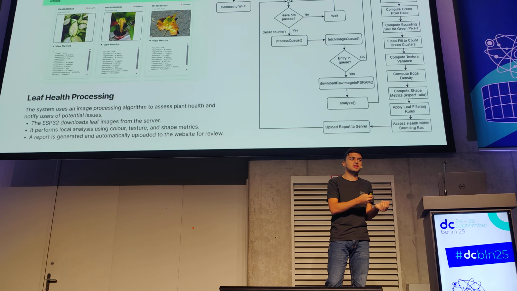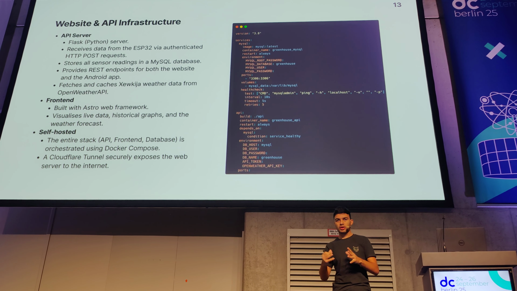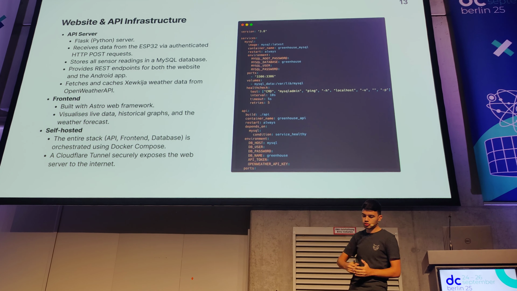And the backend, so on the server side, not on the greenhouse side, we have an API server running with Flask, which is a Python program. I am using Docker Compose to get everything together, obviously, as you can see on the screenshot over here, where we define our API server, MySQL database, which is a local database.